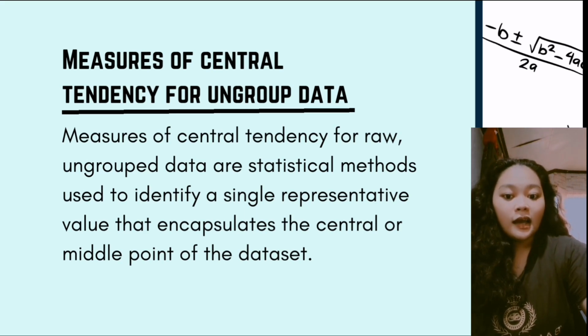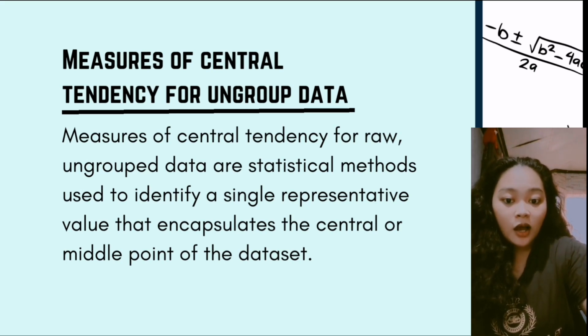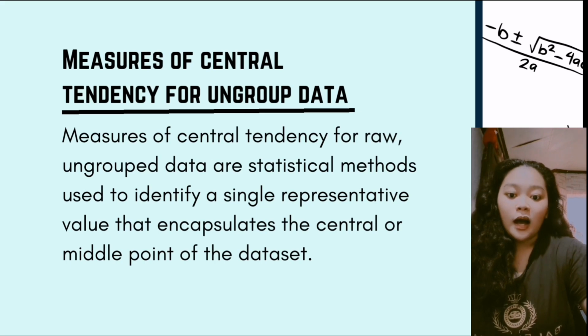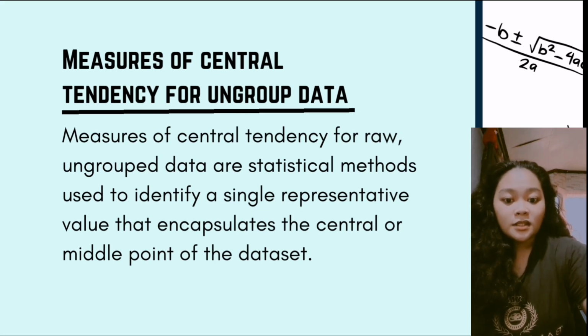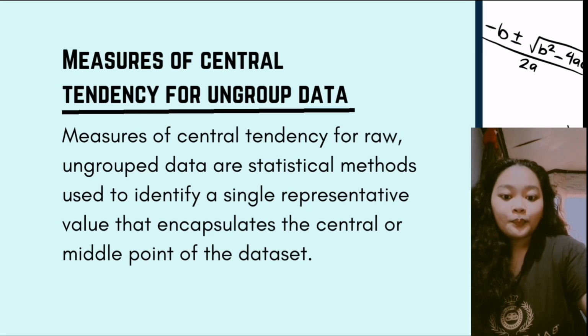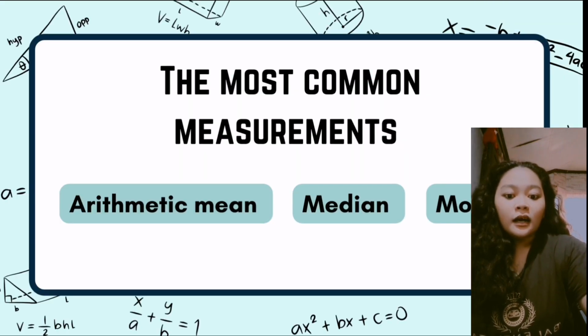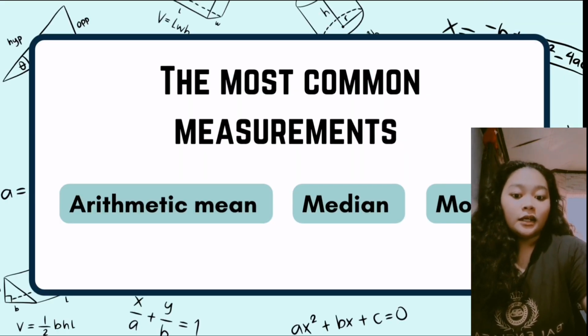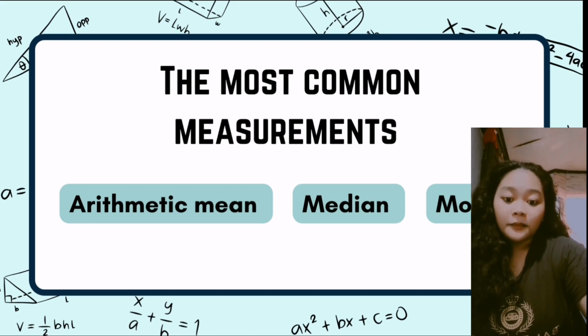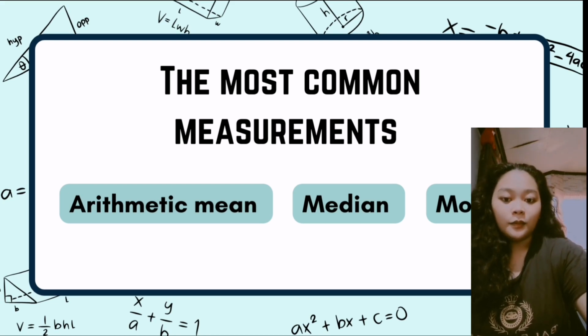Basically, they are like tools that help us find the middle or average value in a bunch of numbers. Imagine you have a list of numbers and you want to know which number is the most typical or the middle one. The most common measurements are the arithmetic mean, the median, and the mode.